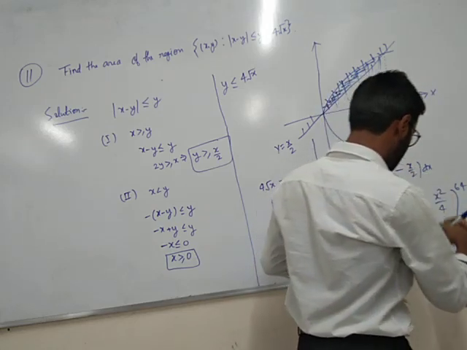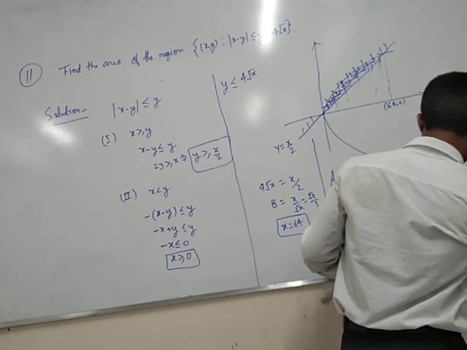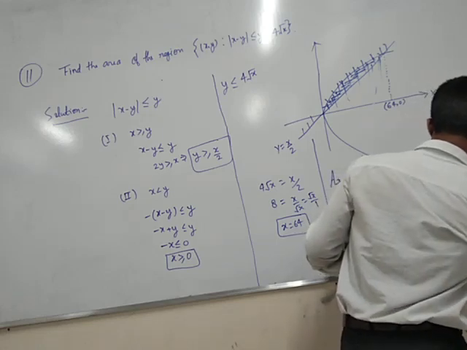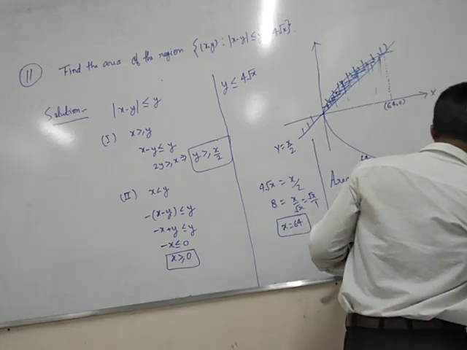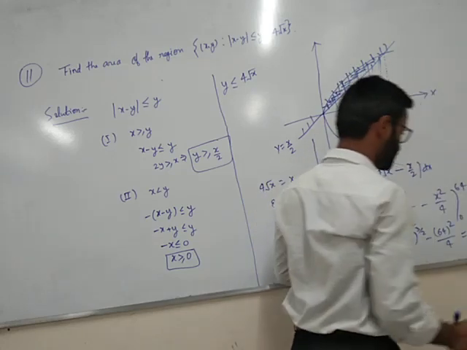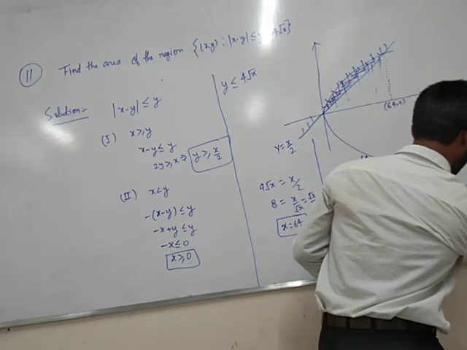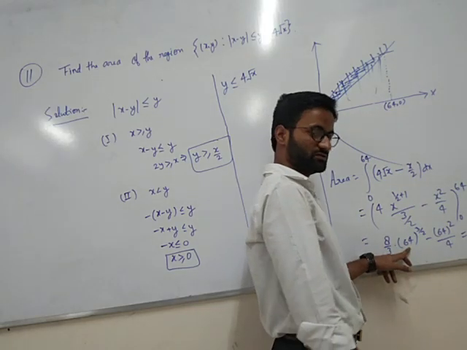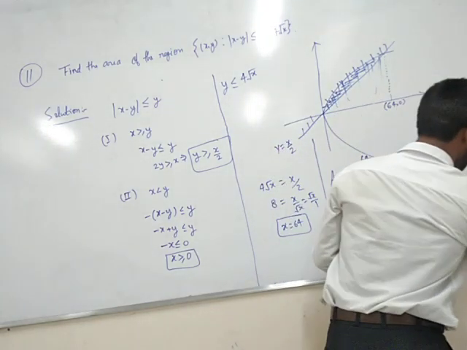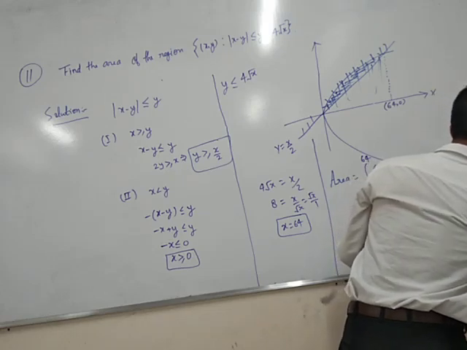So now suppose I am taking 64 common. So taking 64 common, it's going to be 8 by 3 times root of 64, which is 8, minus 64 by 4.